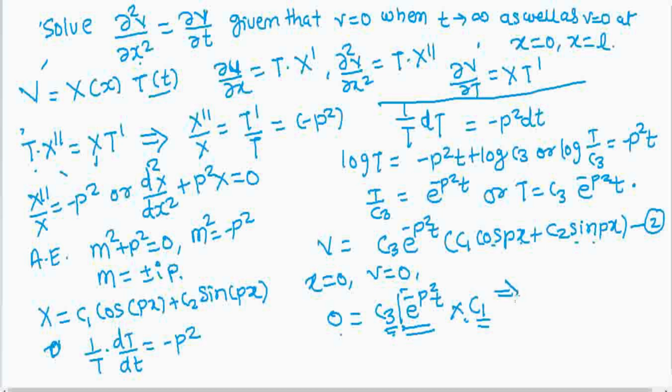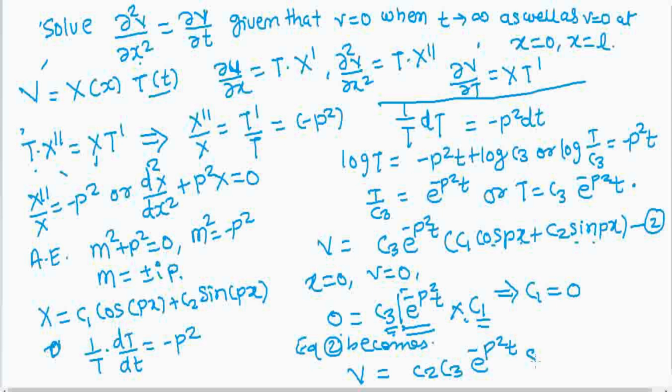So this implies that c1 equal to 0. Then equation 2 becomes v equal to c2 into c3 into e raised to minus p square t into sine of px. We get this equation number 3.